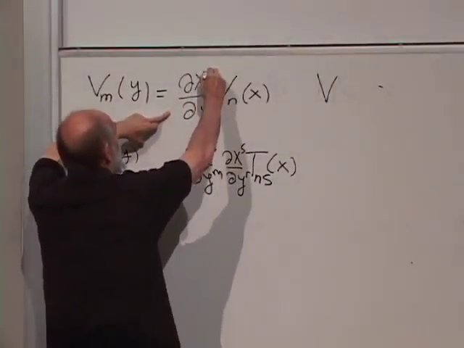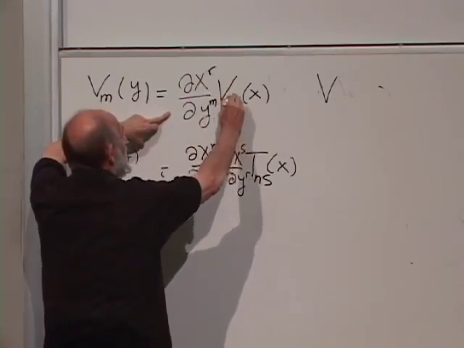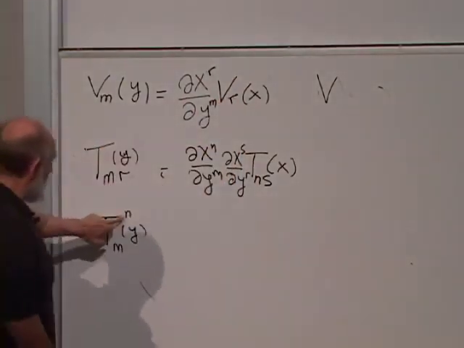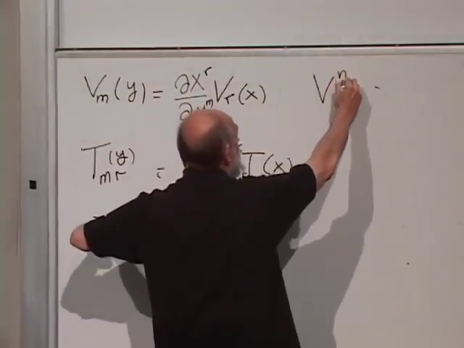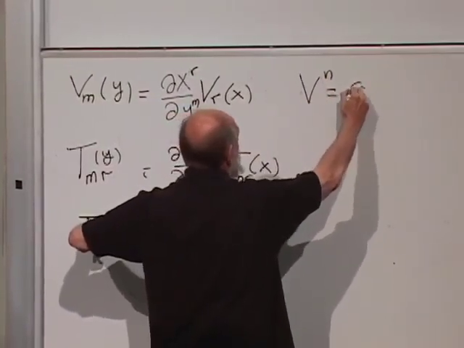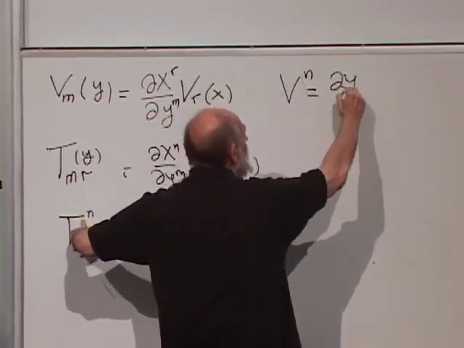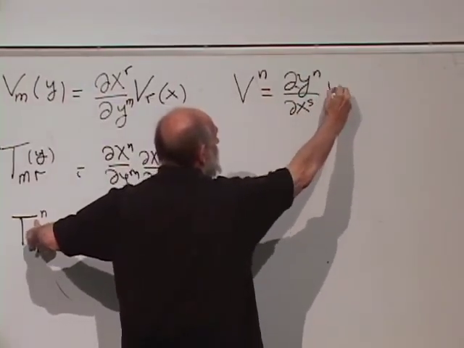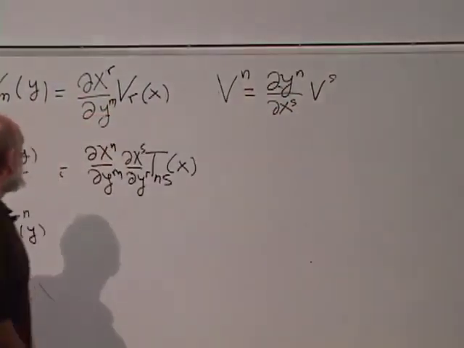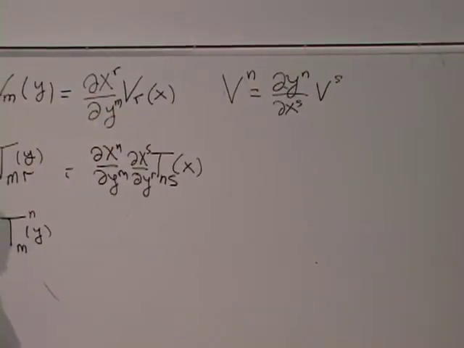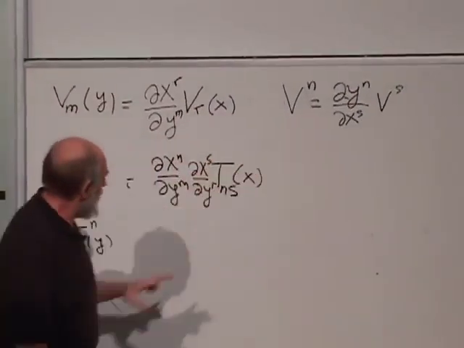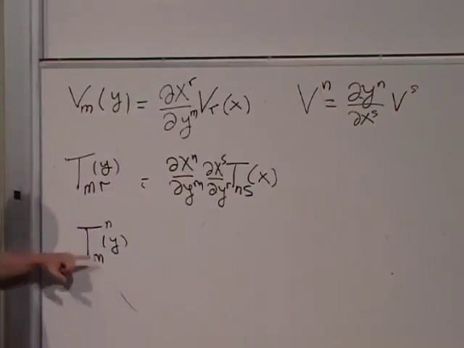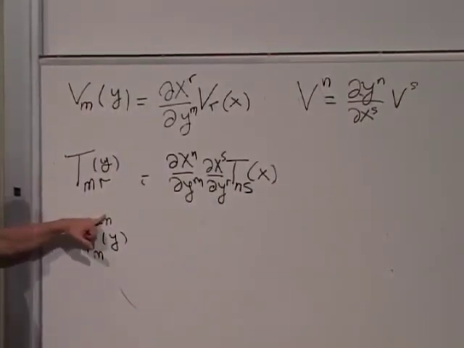Let's call it r. And now let's write the transformation property of an upper index, and that's going to be dyn by dxs. All right, so here's the thing with a lower index. Here's the thing with an upper index. Here's an object, a tensor with a lower index and an upper index.